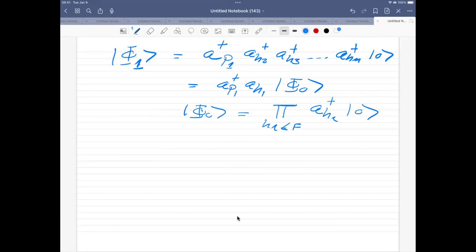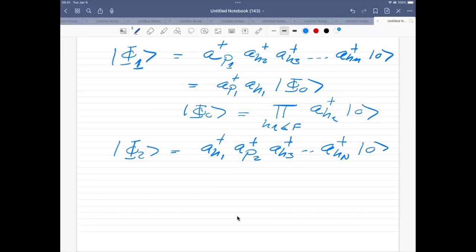So that means that I could now think of a new state, phi 2, which could now be given by this H1, and then I have removed a hole state 2 here. So I create a particle state, and then I have my H3, and this goes all the way up to H of N, the number of particles, acting on 0.